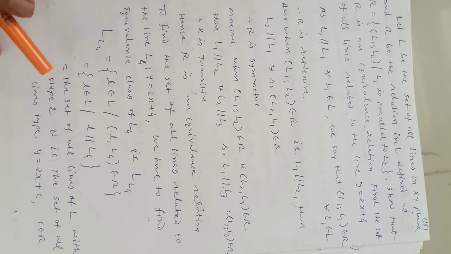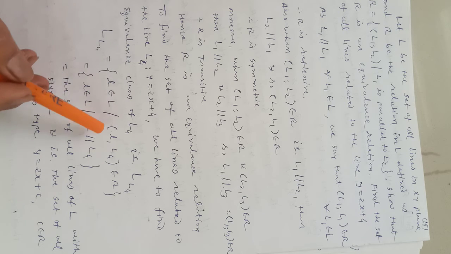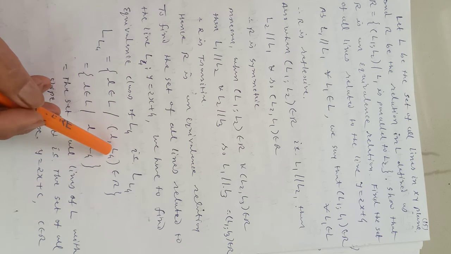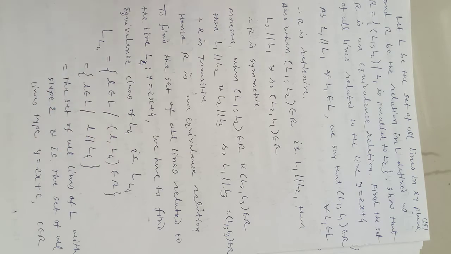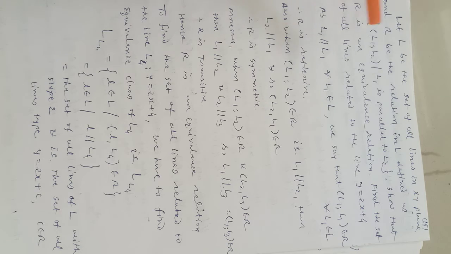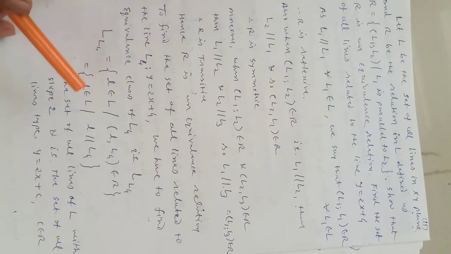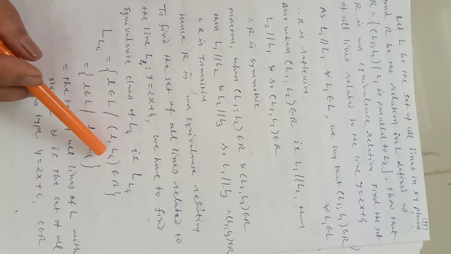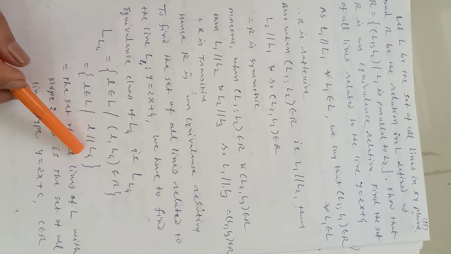Whenever l is related to L4, it is parallel, because that is the relation condition: L1 is parallel to L4. So when I write (l, L4) belongs to R, l should be parallel to L4.